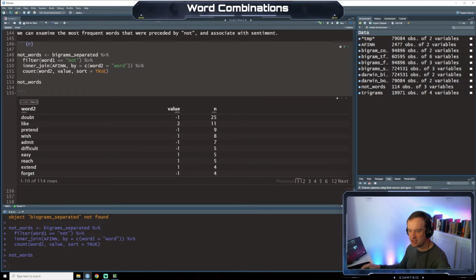We have a -1 value, and we have that 25 times. Not like, which would be negative, right? But it has a positive value of 2, and that occurs 11 times. So that would really skew our analysis, right? Because we'd be giving 2 points to like, which is a big, double all these other ones. But in reality, it's not like, so that should be negative.